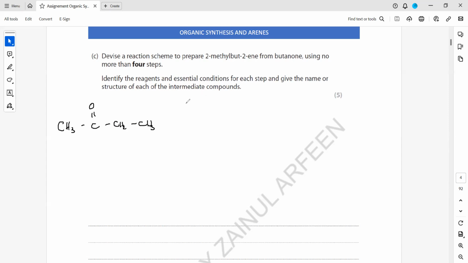This is butanone. And our final product, we want 2-methyl butene. So at the second position, a methyl group is there. This will be CH, and this is what we want. That's the final product.